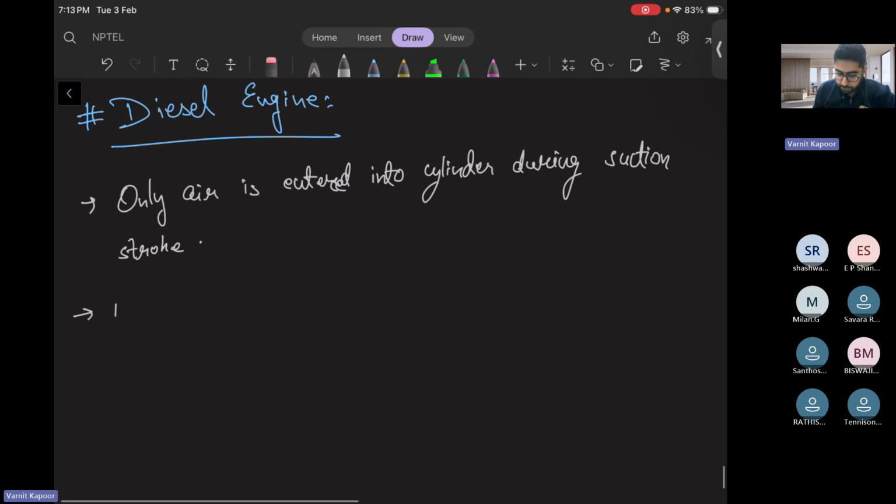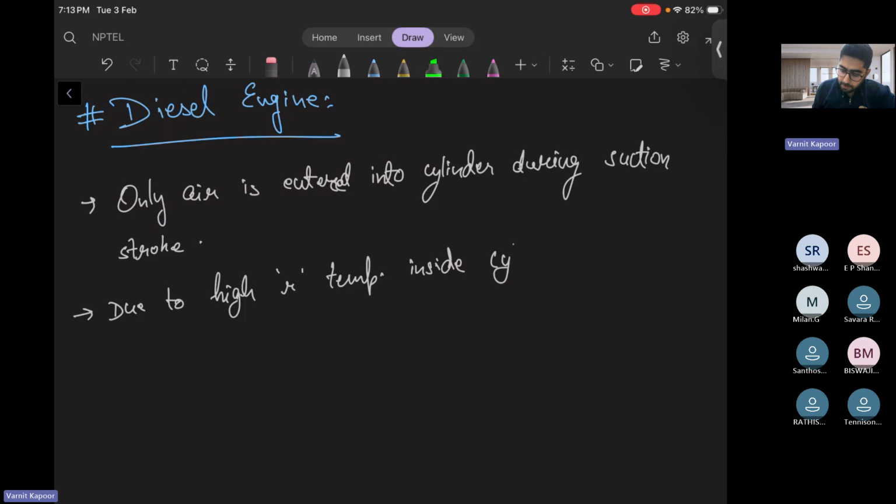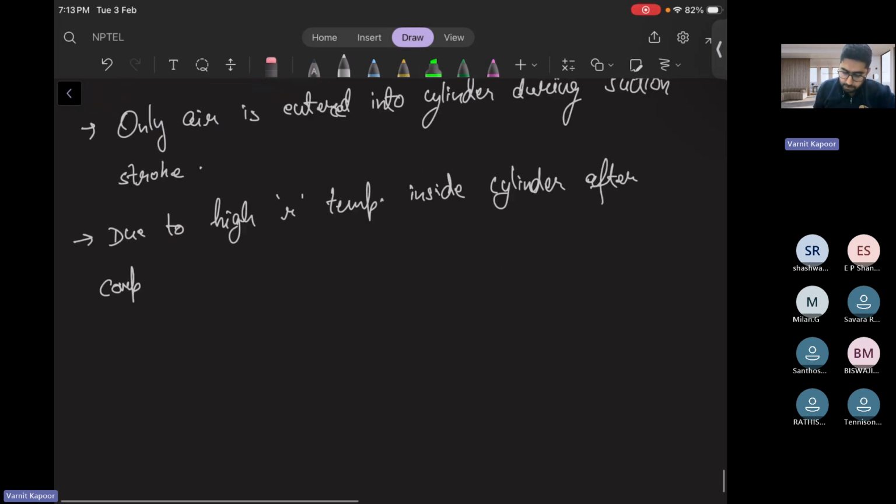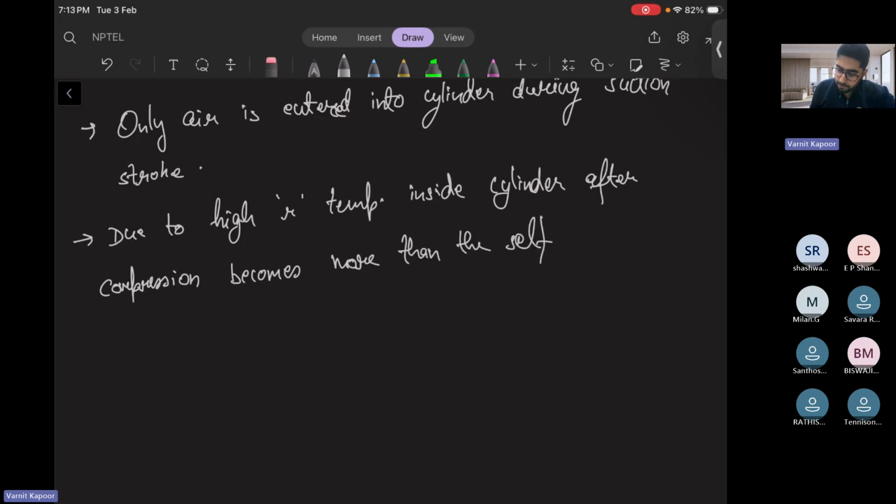Due to high compression ratio, the temperature inside the cylinder after compression becomes more than the self-ignition temperature.